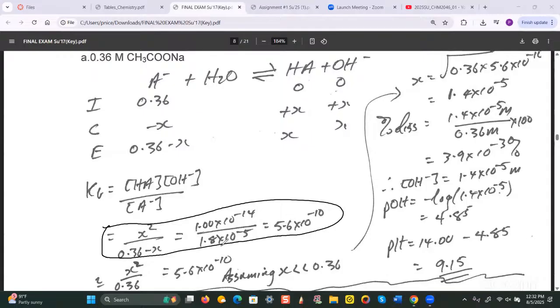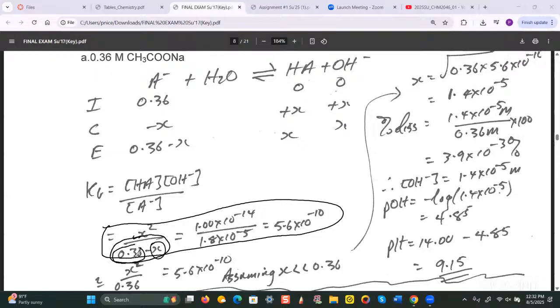And the answer would lie in this part of the equation right here, right? Whatever X value you get, if you get 2 values, you're going to use the one that is less than 0.36 in this case, because again, you cannot have a negative concentration.